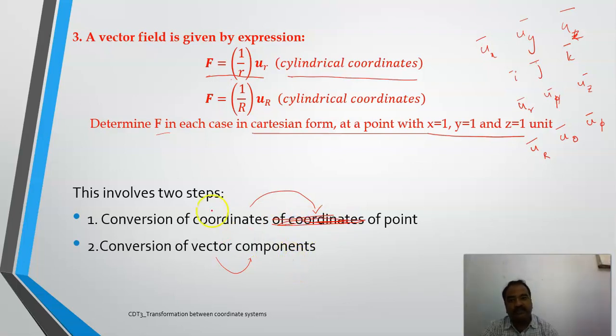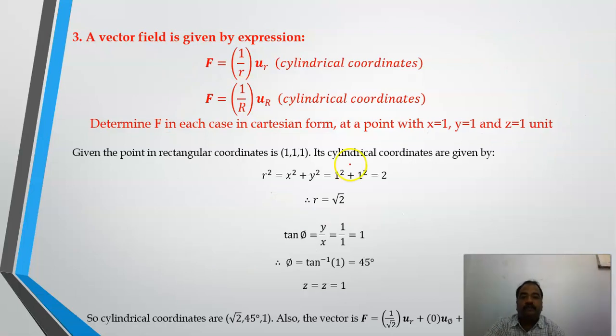So first of all, let's see the first problem. This is problem number A, this is problem number B. Now I am going to transform the cylindrical coordinates vector into a vector with Cartesian coordinates.